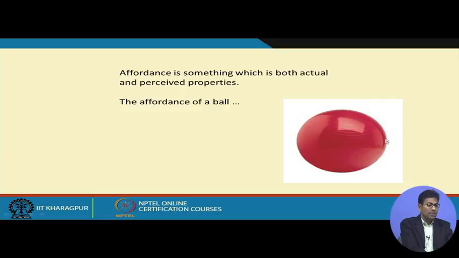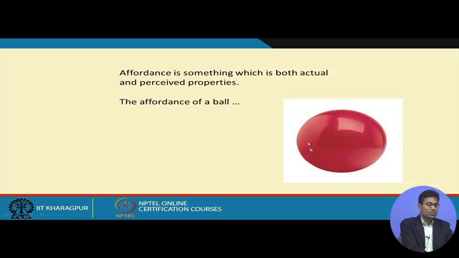On the other hand, you have the perceived affordances, in which you perceive how this ball could be used. It could be held, it could be thrown. If you look at this image, one is the actual affordance: the lustrous, shiny surface of the ball. You can get a feeling of the material and the bounceability of the ball.